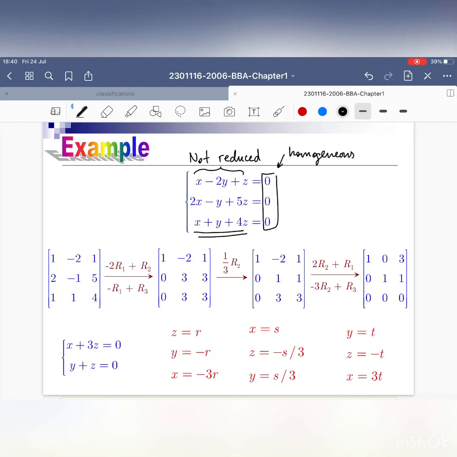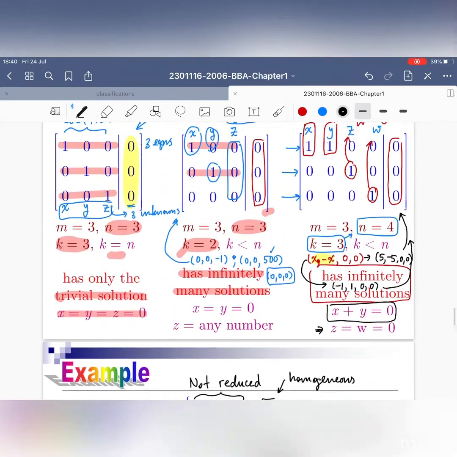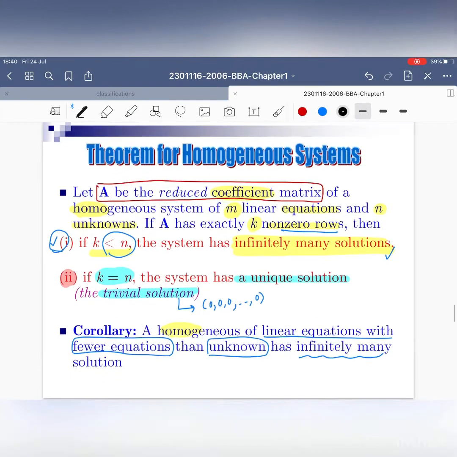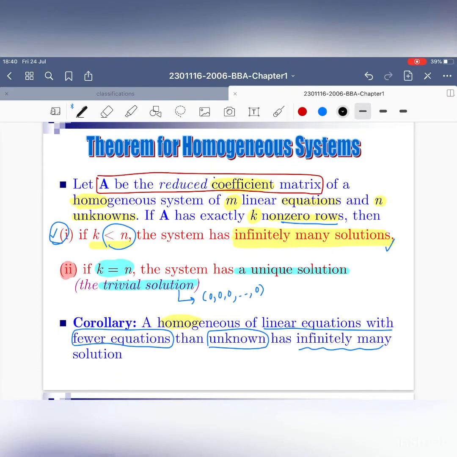Because the right hand side is all 0, and the theorem says that you just look at the coefficient matrix. You don't need to look at the constant matrix.